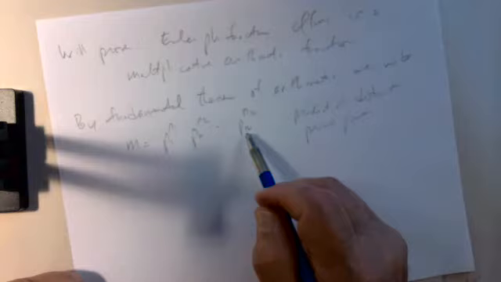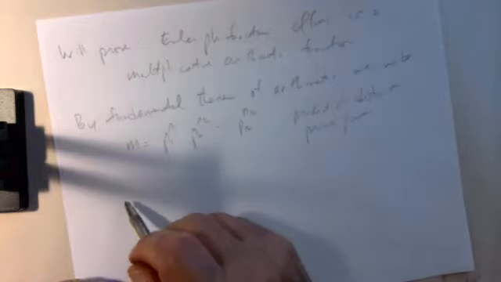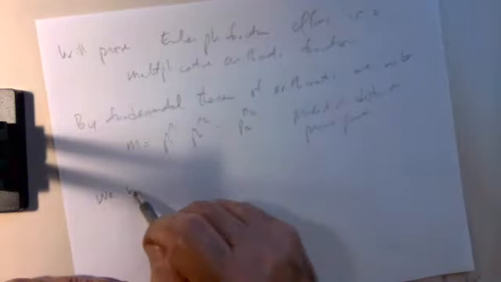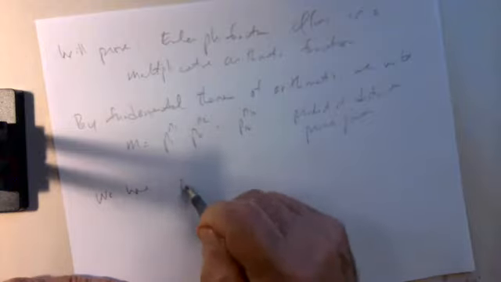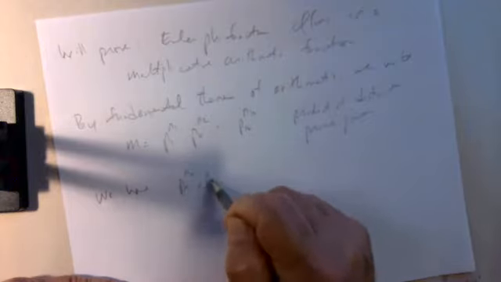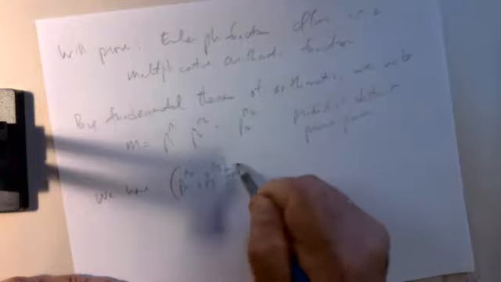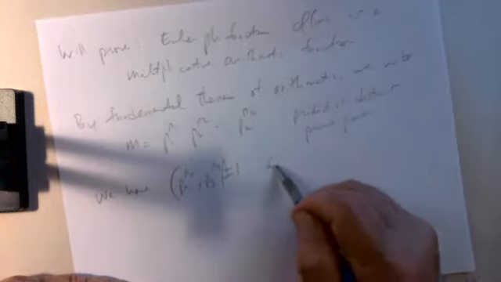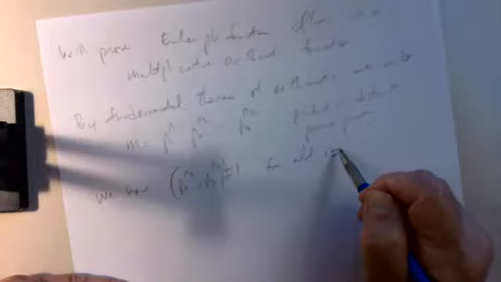And distinct prime powers are pairwise relatively prime. We have p_i to the r_i and p_j to the r_j. Their greatest common divisor is 1 for all i different from j.